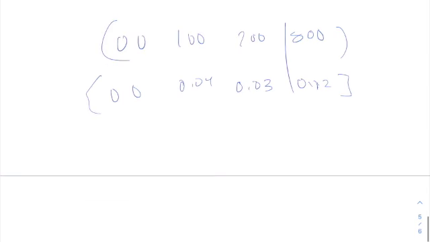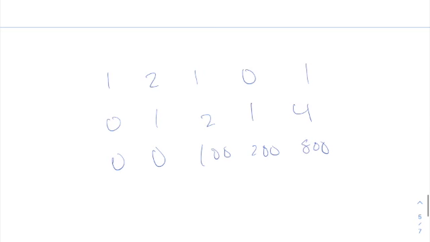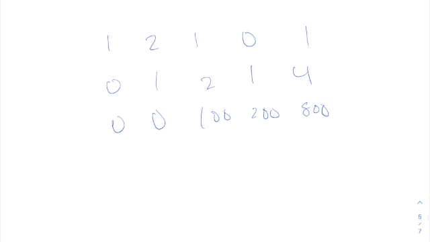So you get a final row that equals 1, 2, 1, 0, 1, 0, 1, 2, 1, 4, 0, 0, 100, 200, 800, because that row doesn't change really at all throughout this entire thing. And negative 0.2 line.